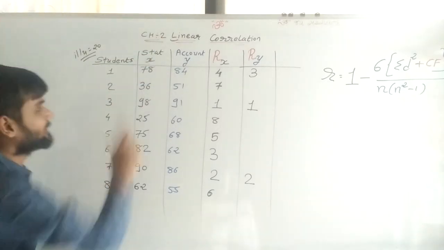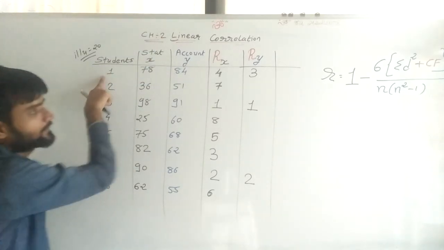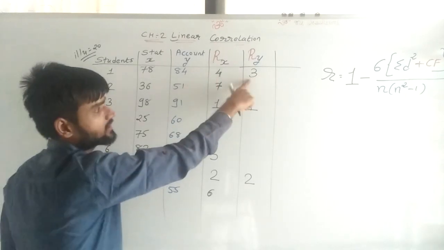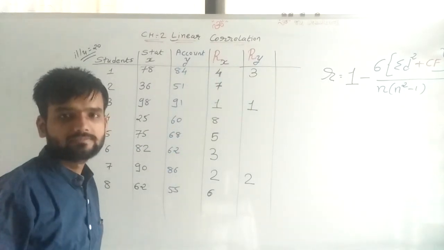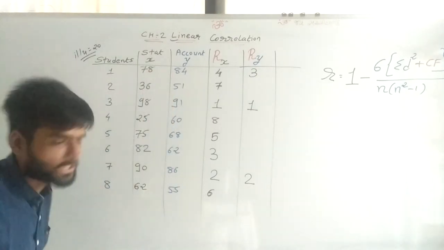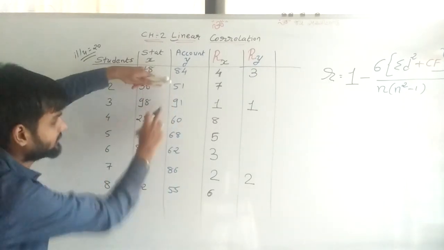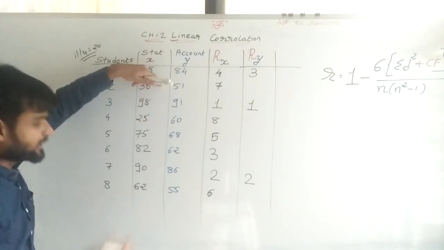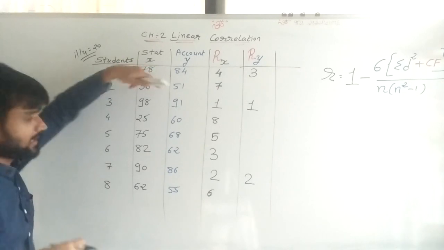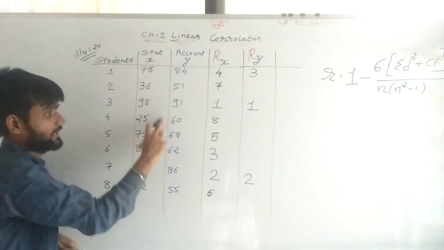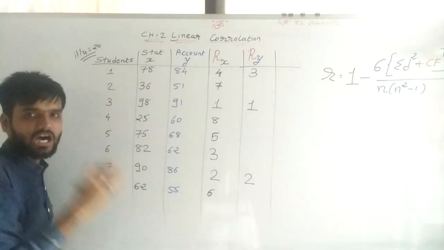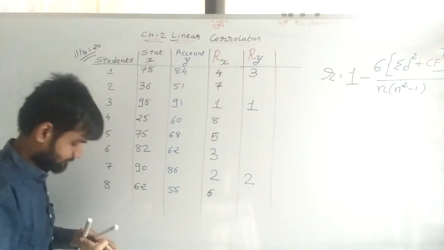Now you can see here, the first student gets fourth rank in statistics, but third rank in accountancy. Now 80s line complete. Now check the 70s line. No, nobody in the 70s line. Now check 60. Yes sir, the 60s line is there. 60, 68, 62. 3 values are given.